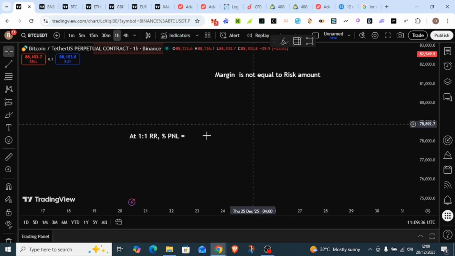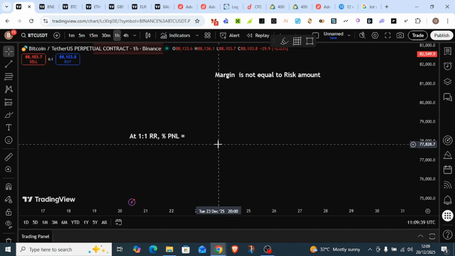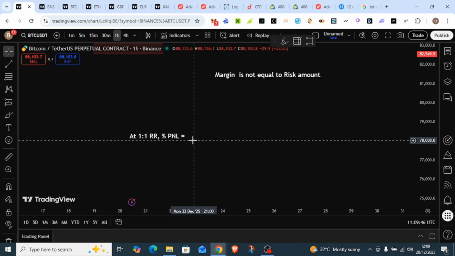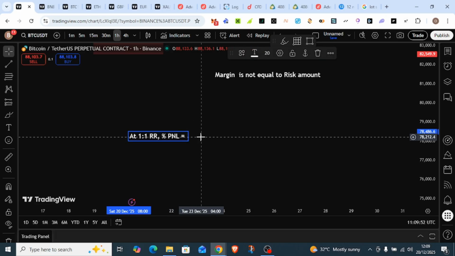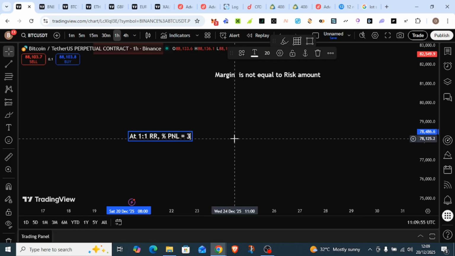So at 1:1, if the trade goes our way, we will have 30 over 1.2, which is the margin, in brackets, times 100.